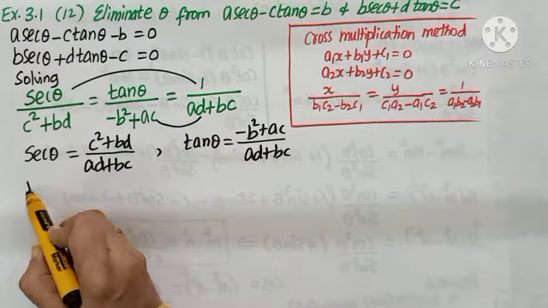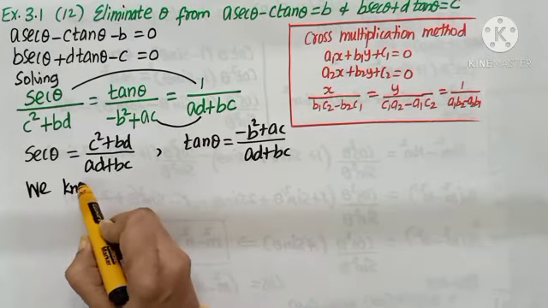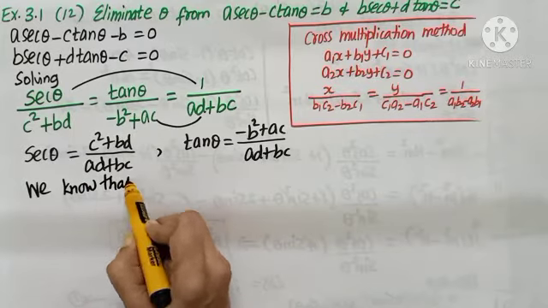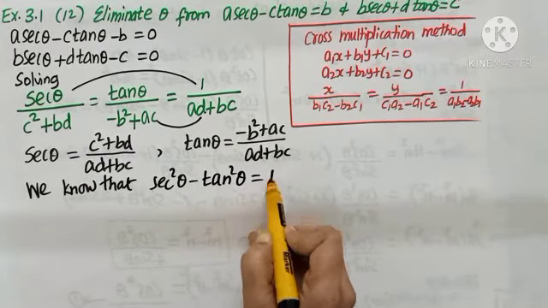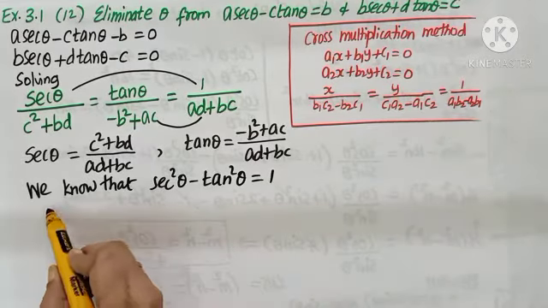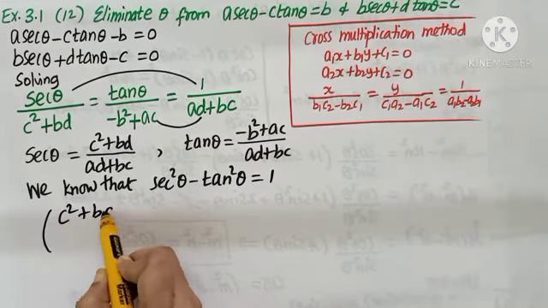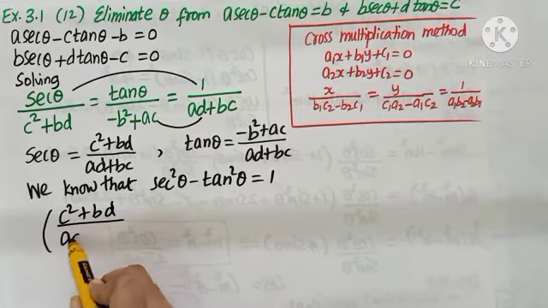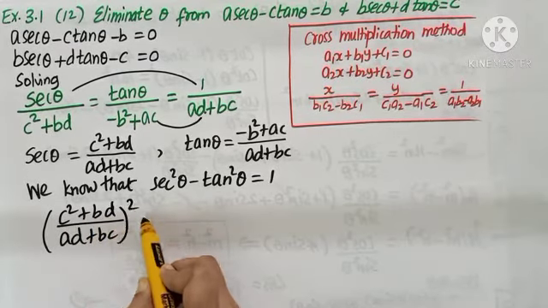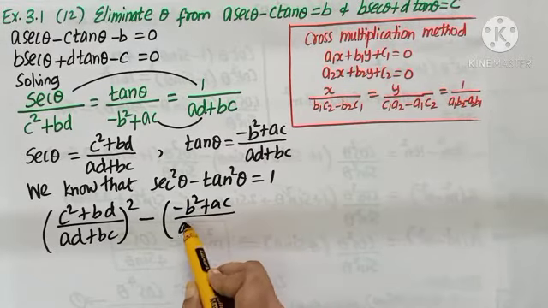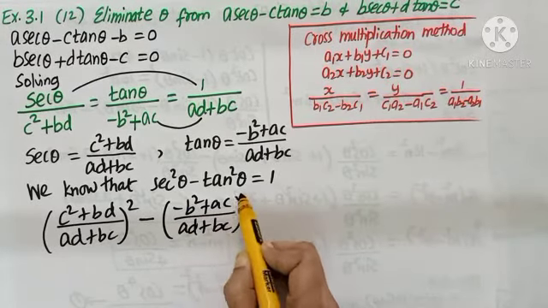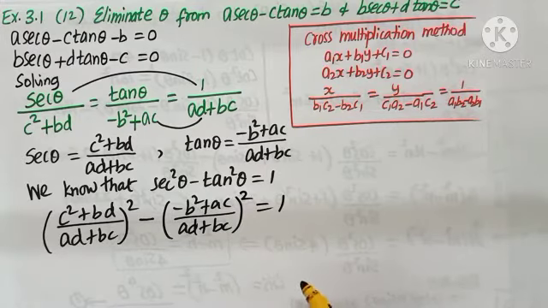The next step, we remember the identity secant square theta minus tan square theta equal to 1. Secant square, c square plus bd by ad plus bc the whole square, minus b square plus ac by ad plus bc the whole square, equal to 1.